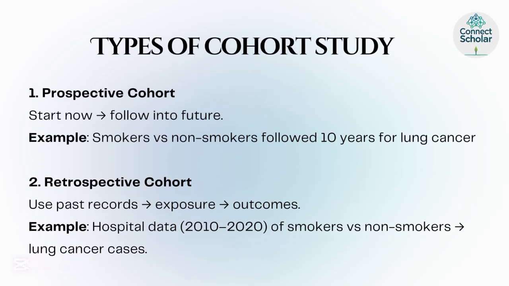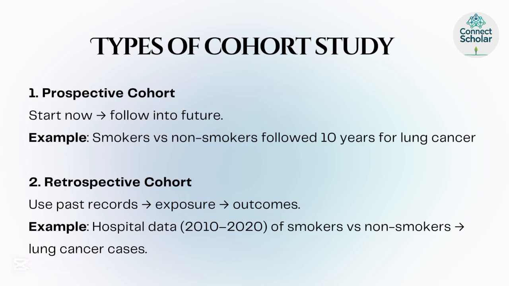There are 2 types of cohort studies. First is prospective cohort, and the second one is retrospective cohort. In the prospective cohort, we start our study and follow the participants into the future. For example, smokers versus non-smokers followed for the next 10 years to see which group's participants develop lung cancer.